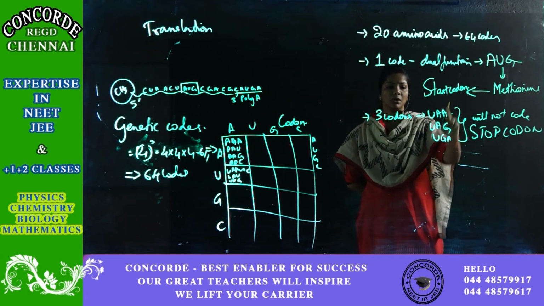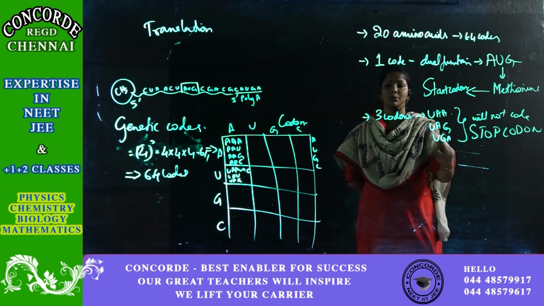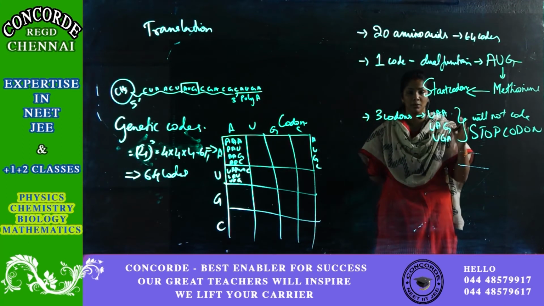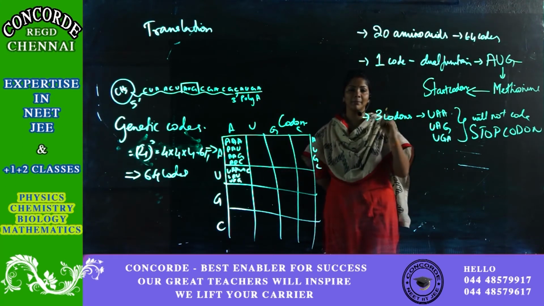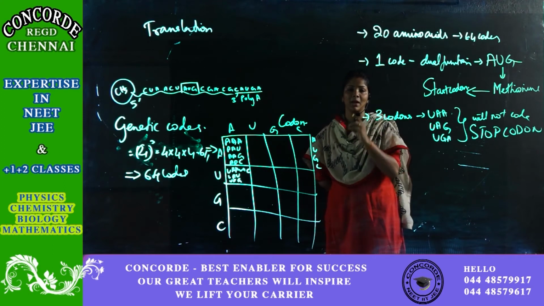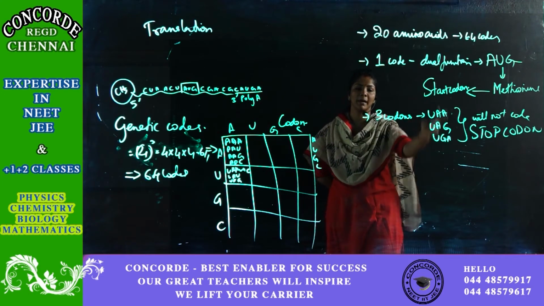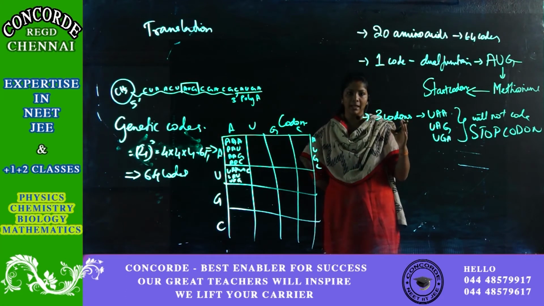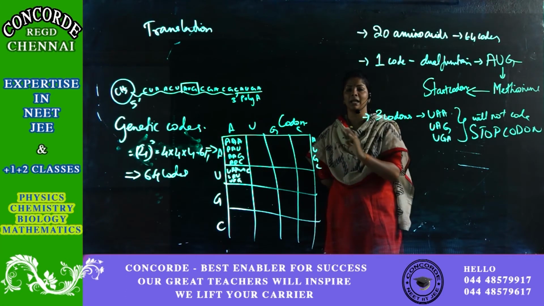AUG is a start codon; UAA, UAG and UGA are stop codons. Though there are 64 codes, the number of codes for amino acids is only 64 minus 3, because these 3 won't code for any amino acid. So totally only 61 codes are there for the amino acids.